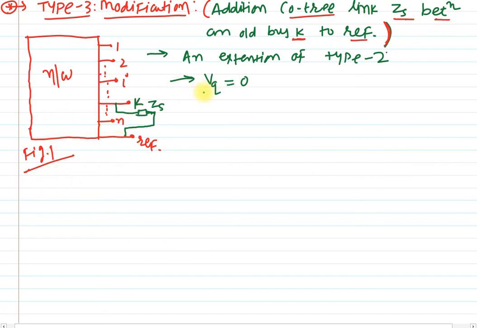The new set of equations after considering the voltage at bus number Q equal to 0, let me write down into matrix form directly: V1, V2, Vi, Vk, Vn, and now instead of Vq I will write 0. Clear? Because that new bus VQ is now connected at the reference bus, so it becomes 0.